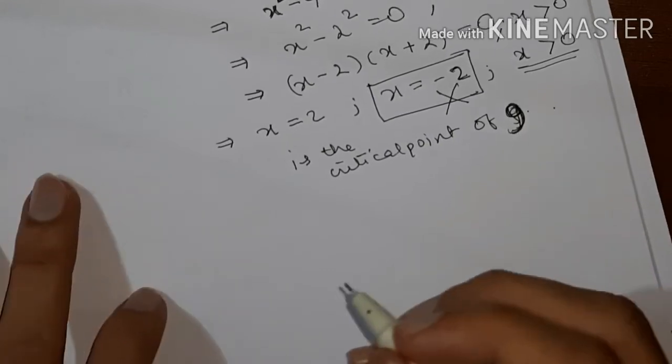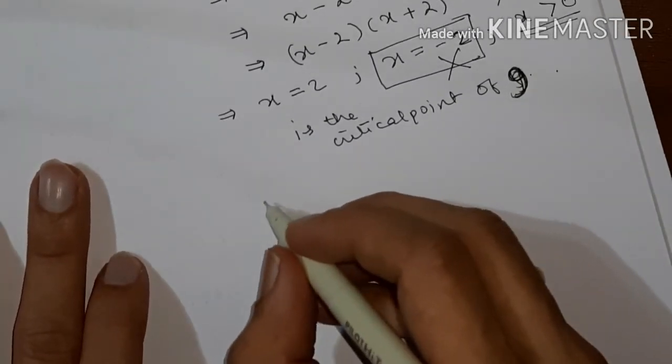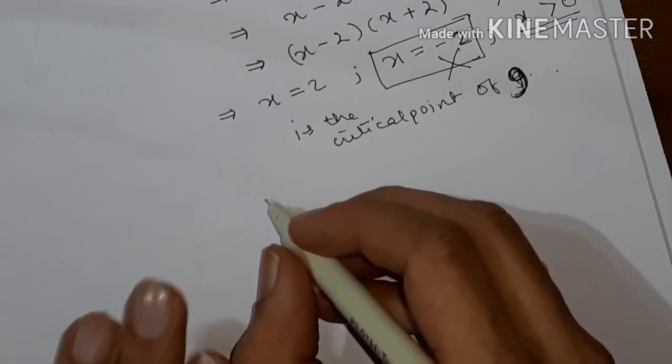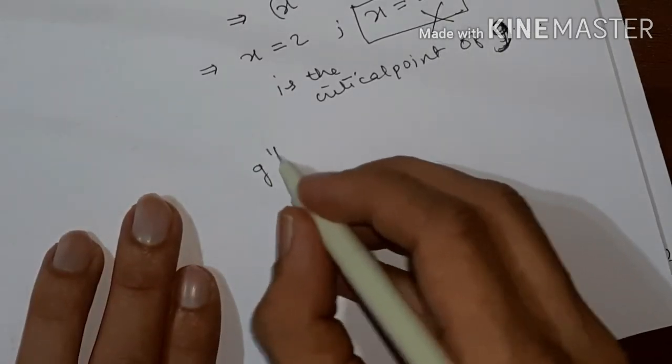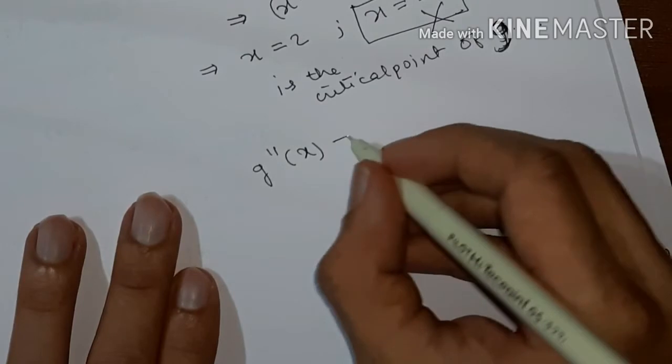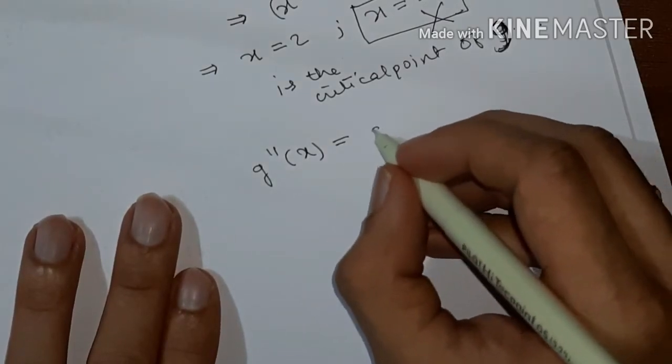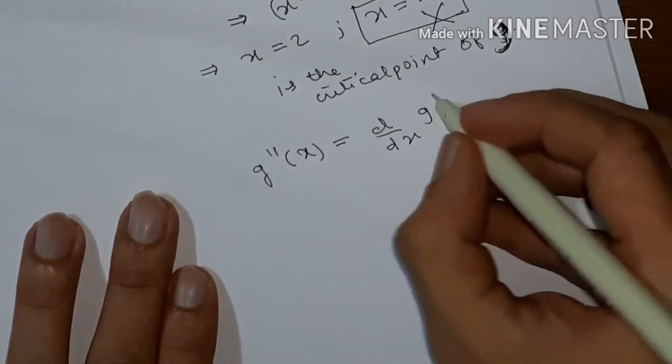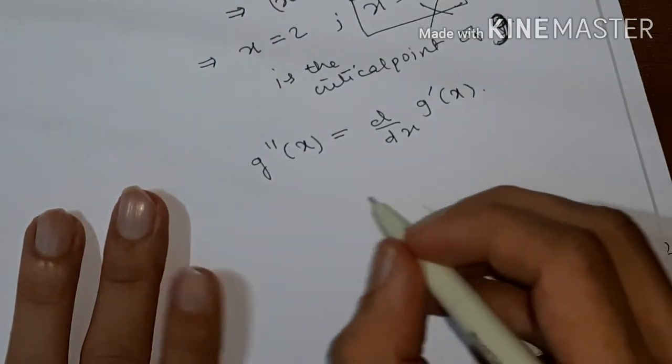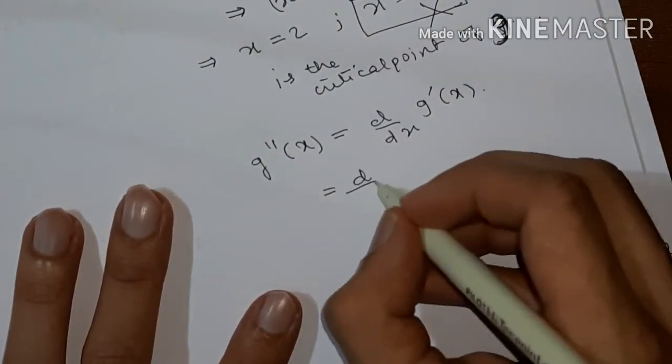Now what is the next step after finding the critical point? You have to find g double prime of x. Now that is what? It is the derivative of g prime of x, right? And what is g prime of x?